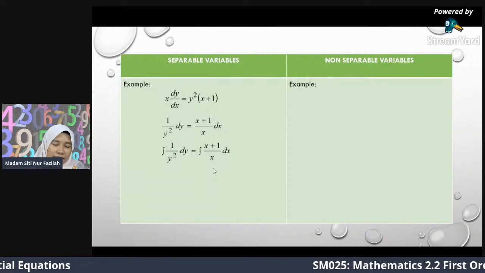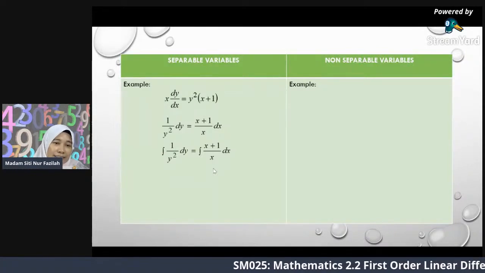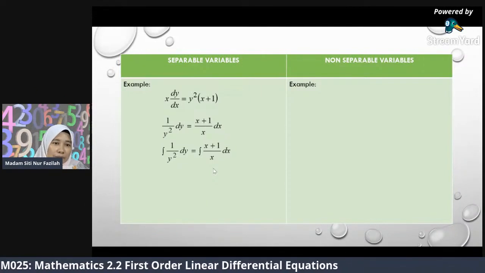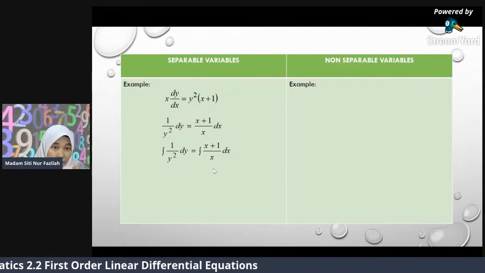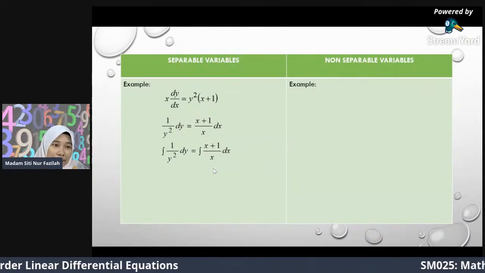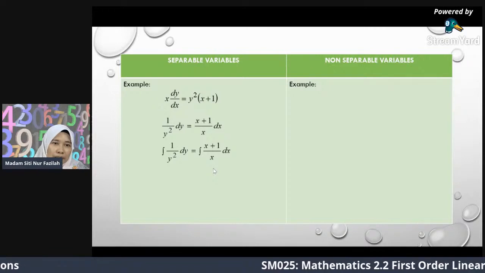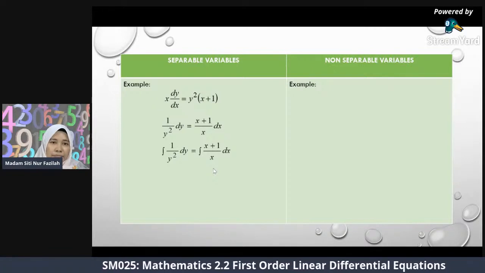If the question gives an initial value, we can get the particular solution. For this example, we can solve by separable variable.